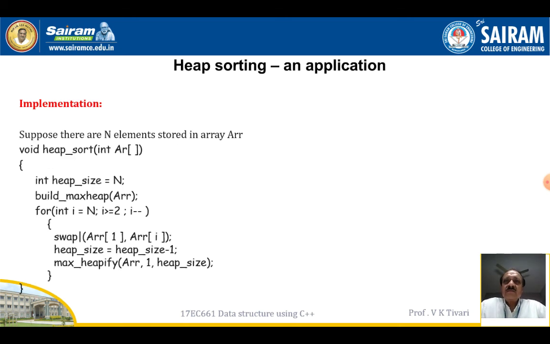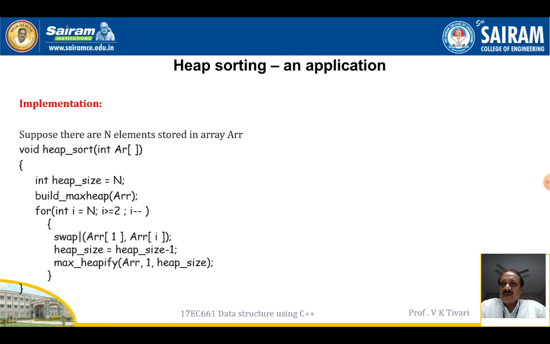The heap sorting function is defined down here. Suppose there are n elements stored in the array ARR. We write a void heap sort function in which the elements are stored in the array. Here we are making heap size equal to n, building the maximum heap array, and for integer i equal to n, i greater than or equal to 2, we are reducing by 1 and swapping array i with array 1.